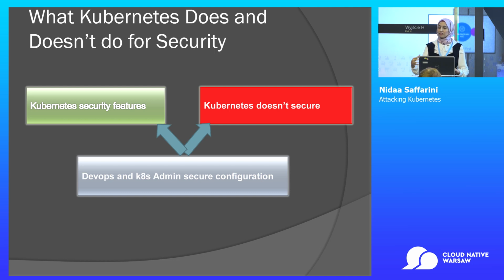If the configuration is very strong, very secure, it will make it very difficult for the hacker to hack you or to take your services down. But if your administrator doesn't care about Kubernetes security or the security policy or the best practices to deploy, yeah, you will be vulnerable to hackers.